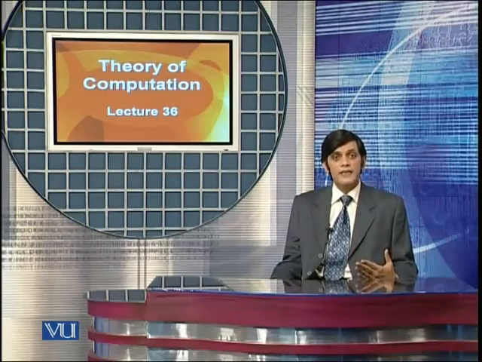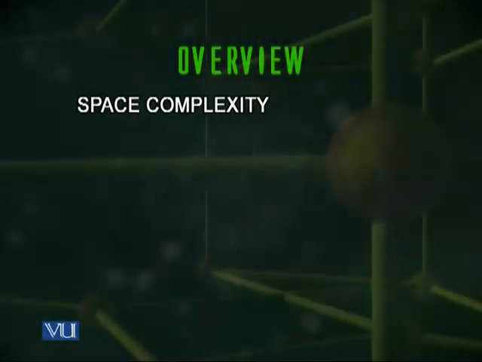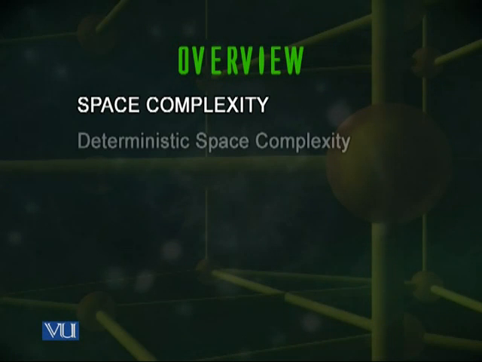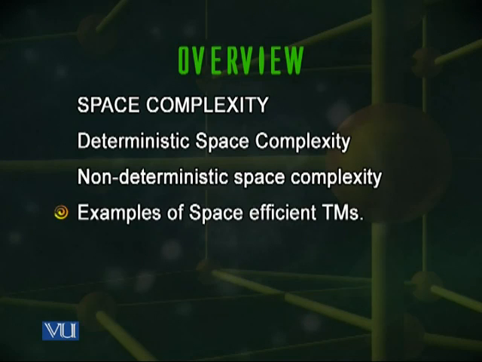So, the outline of the next few lectures is as follows. We want to study the subject of space complexity. We start by looking at what deterministic space complexity is, and then we would look at what non-deterministic space complexity is. After that, we would see a few examples of space-efficient Turing machines, or rather, we would look at Turing machines and analyze how much space these Turing machines require.